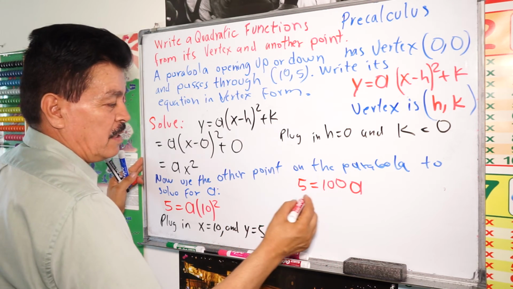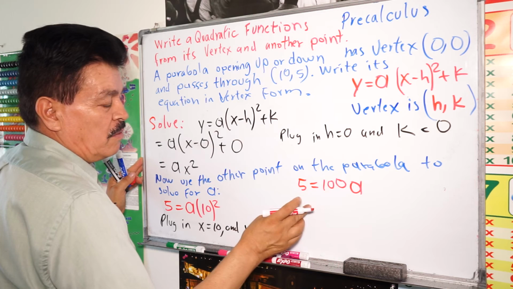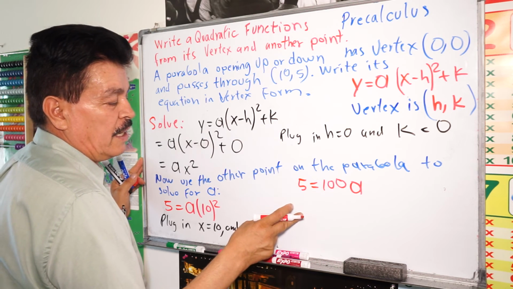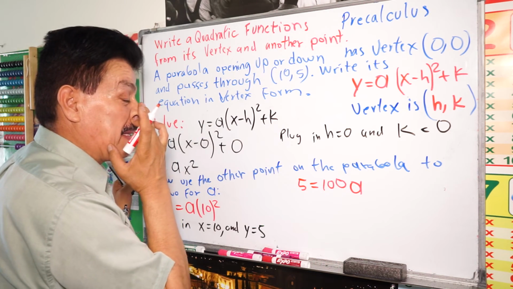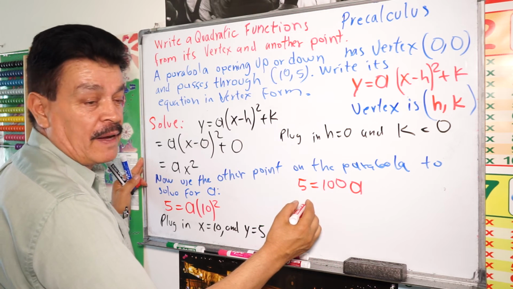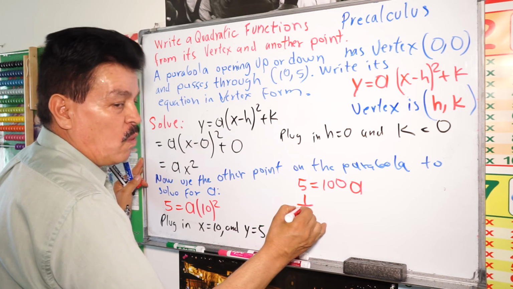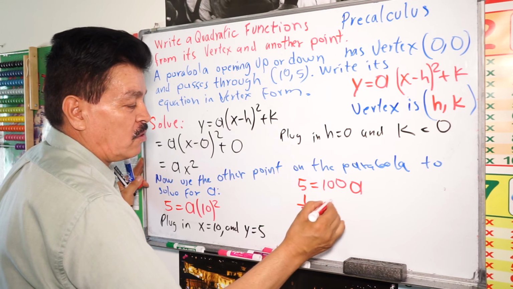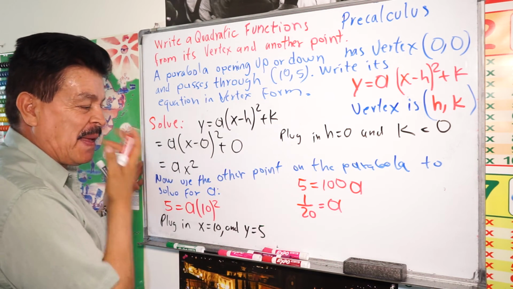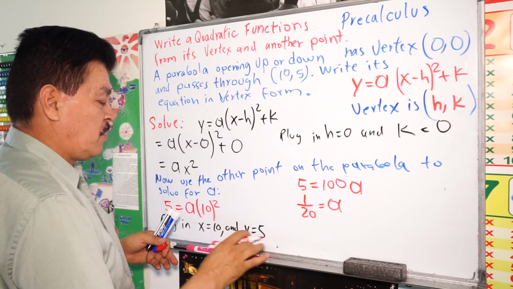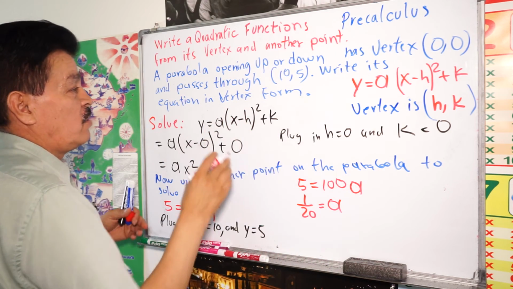Either way, but this way is better. So now move 100 to the left side: 5 divided by 100. You are able to simplify the fraction. It's going to be 1/20 equals a.